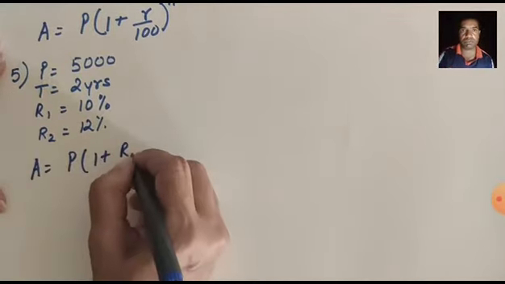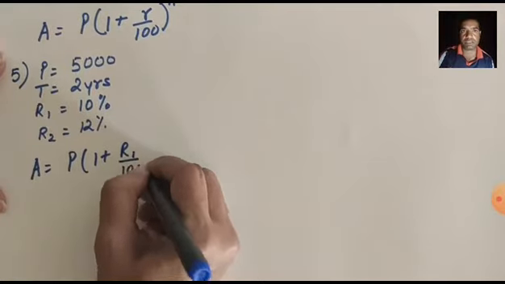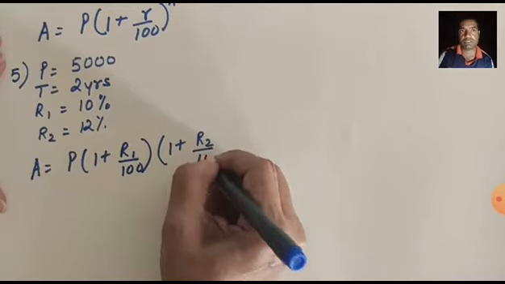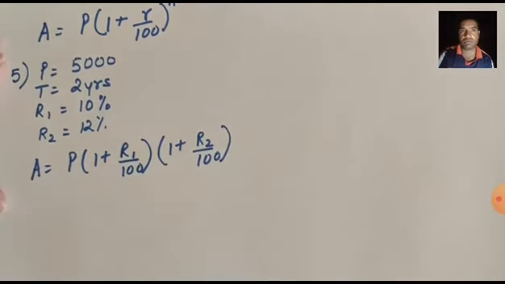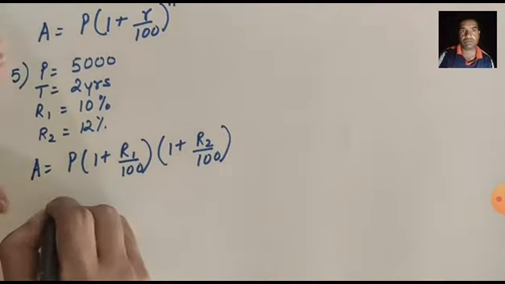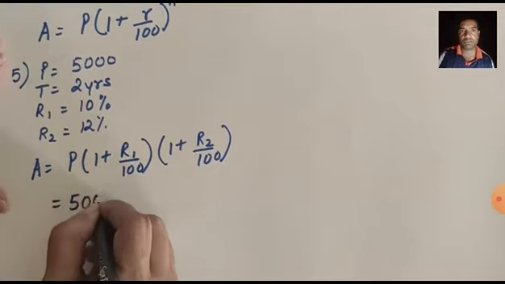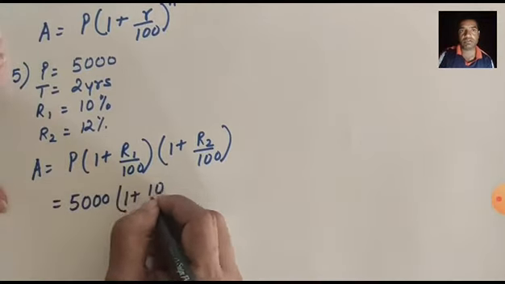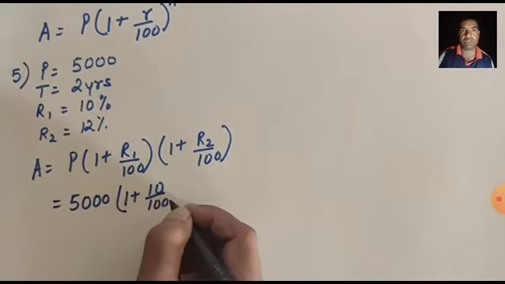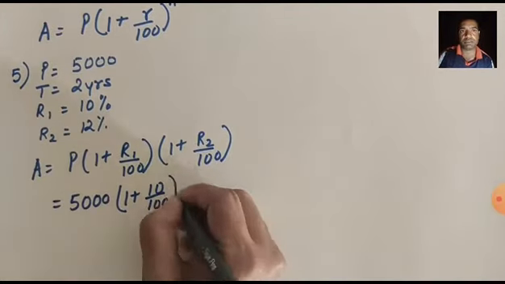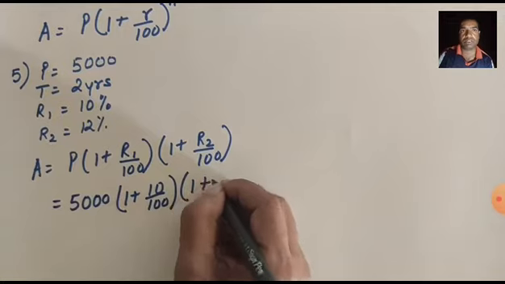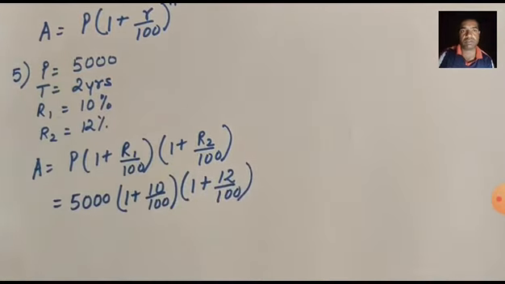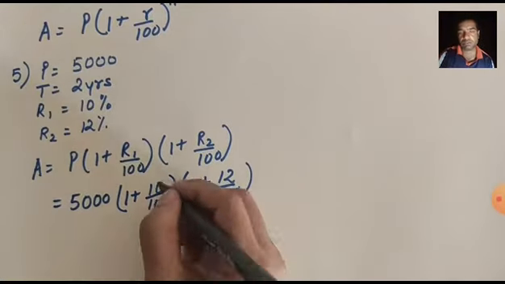So A is equal to P into bracket 1 plus R1 upon 100 into bracket 1 plus R2 upon 100. We put the values: 5000 into bracket 1 plus 10 upon 100, then bracket 1 plus 12 upon 100. Here we can solve this.